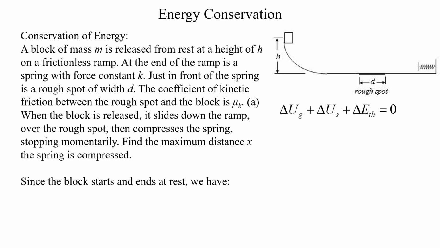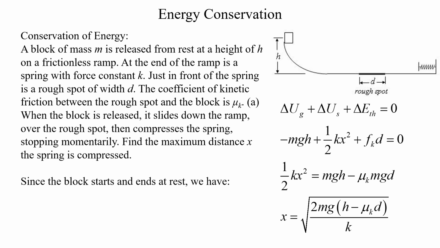So we don't need to worry about how much kinetic energy it has in between. And the delta E thermal is just the frictional force times the distance, so we don't need any kinetic energy for that either. So we're going to lose gravitational potential energy, the spring potential energy is going to increase, and the thermal energy will increase.